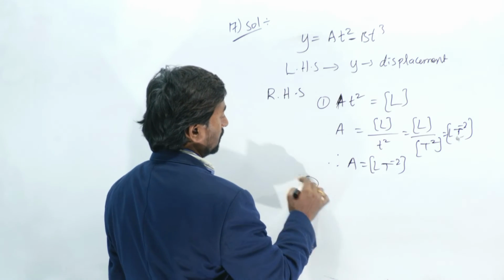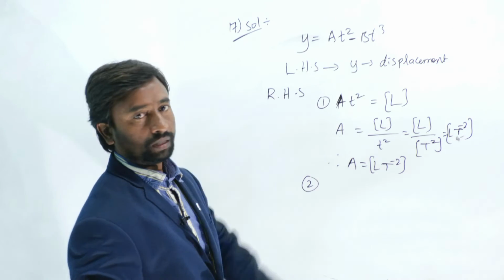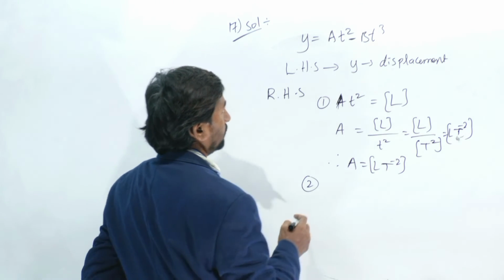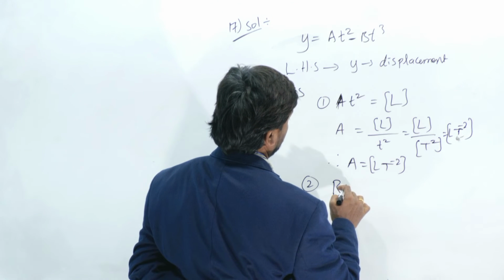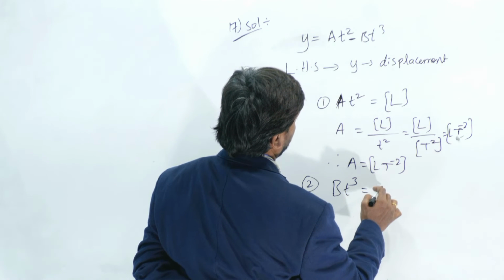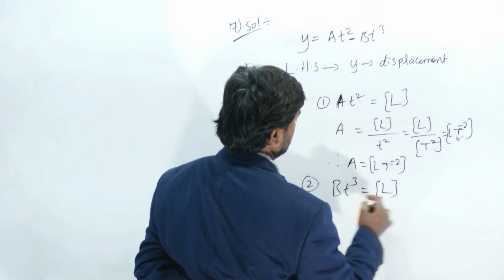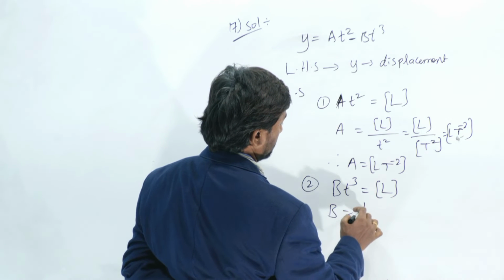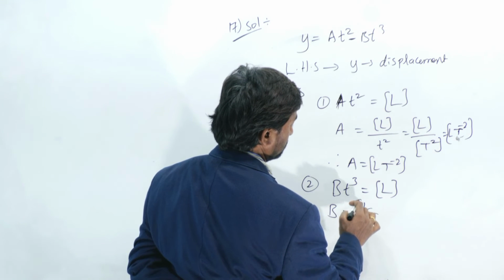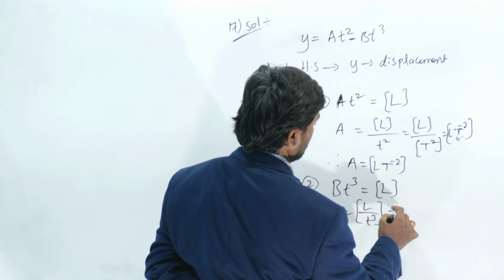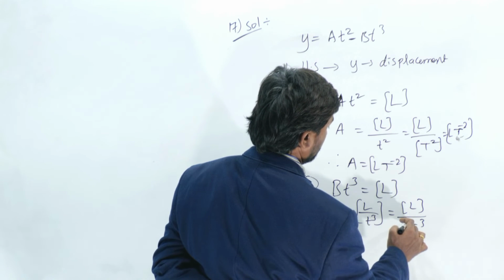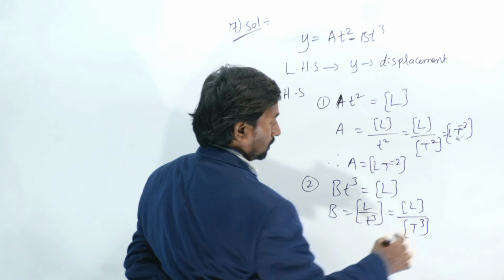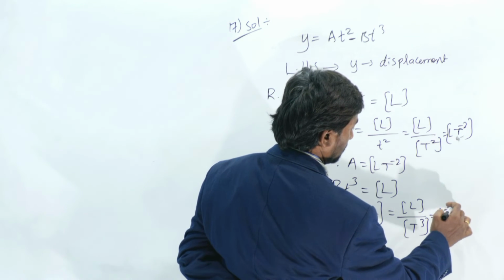And in the second term, they are asking about B. So B into t cube is equal to the dimension formula of length. So now B is equal to L by t cube. If you write L divided by capital T cube, then we can write L T power minus 3.